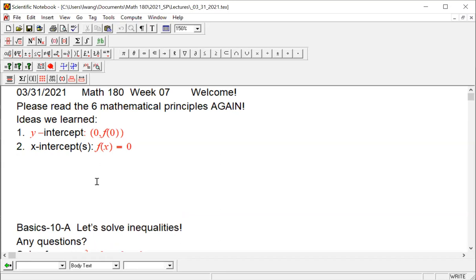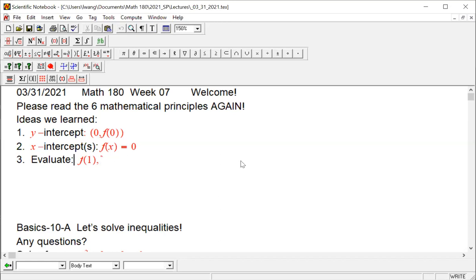That's how to find X-intercepts. So when we evaluate, such as f of 1, what does this mean?